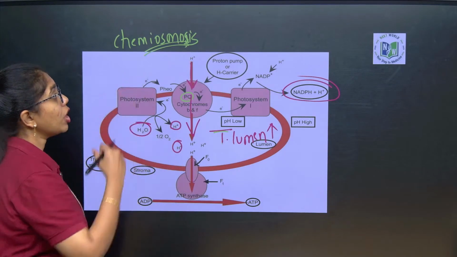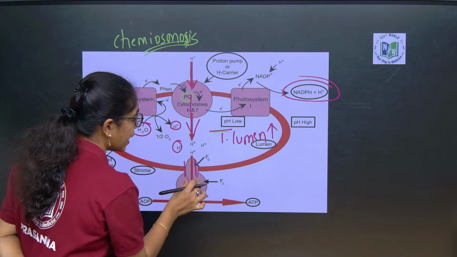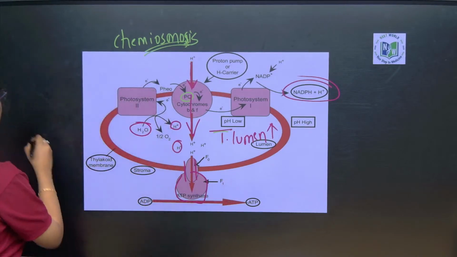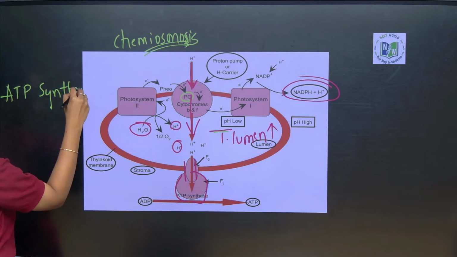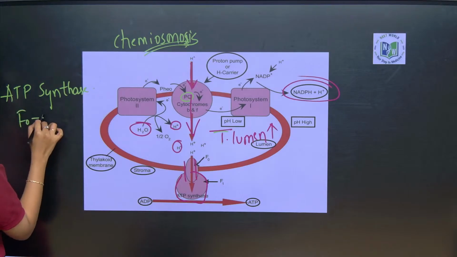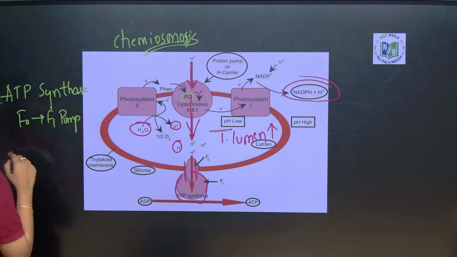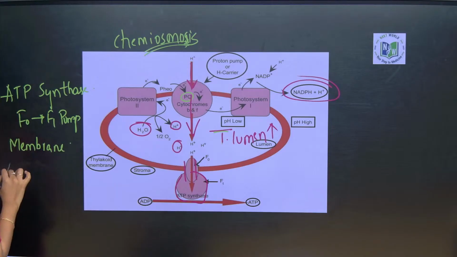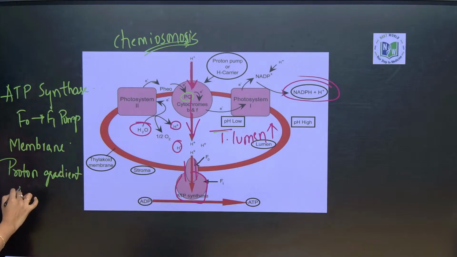That is why the chemiosmotic hypothesis, this is a mostly asked question, needs an ATP synthase that has an F0 F1 pump, and a membrane, a proton gradient and a proton pump.